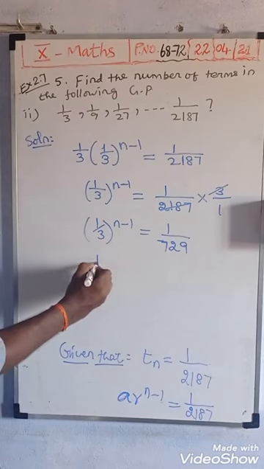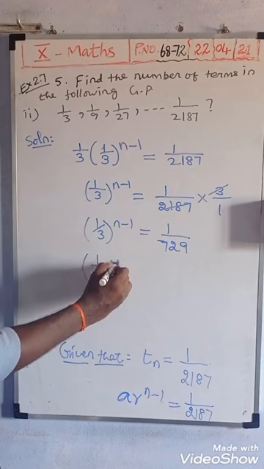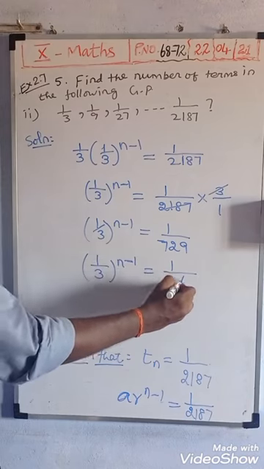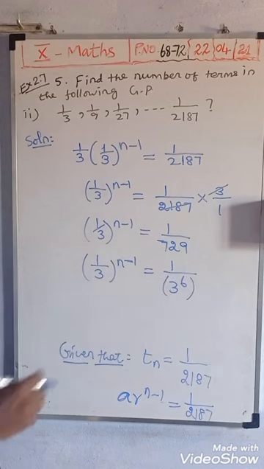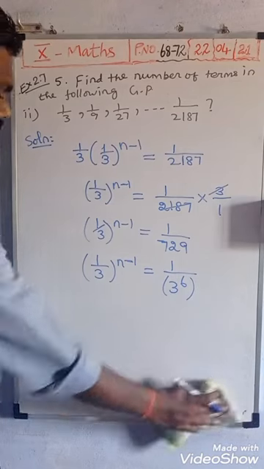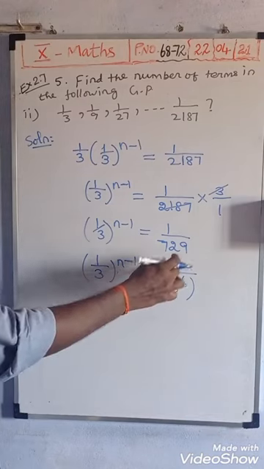So we can change this: (1/3)^(n-1) = 1/729, and 729 we can write as 3^6, so 1/729 is (1/3)^6. We can change it this way because 1 to the power of anything is 1 only.